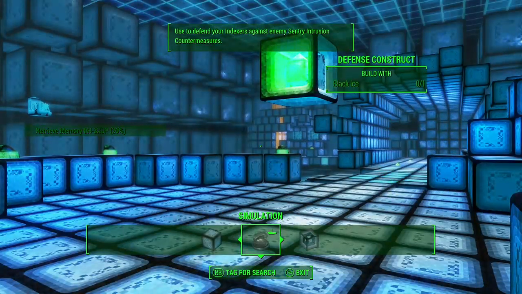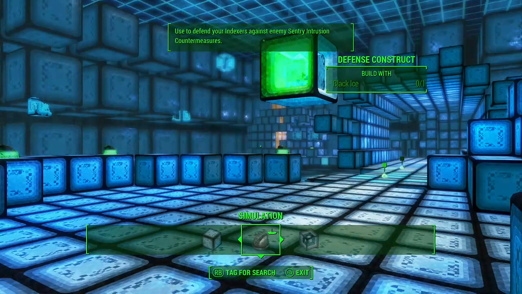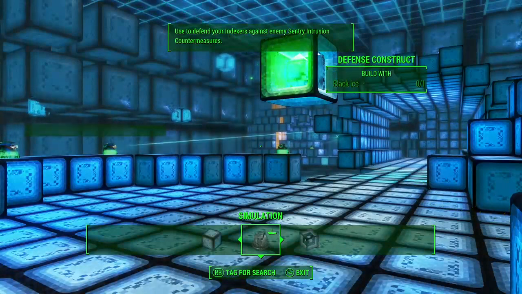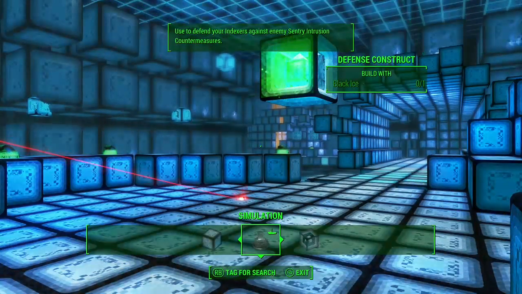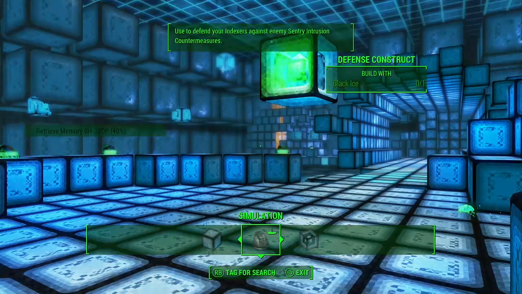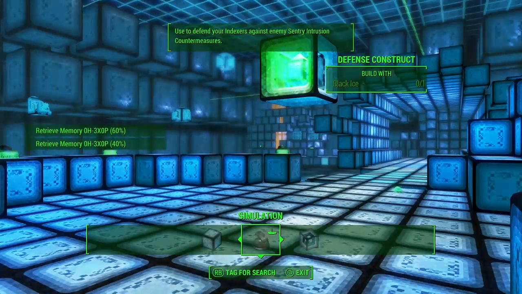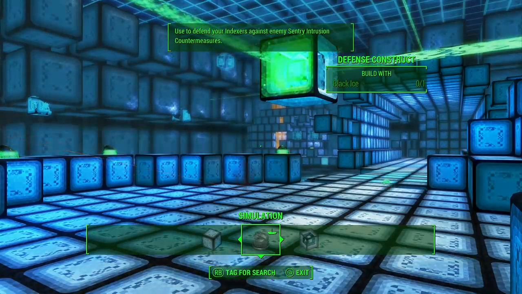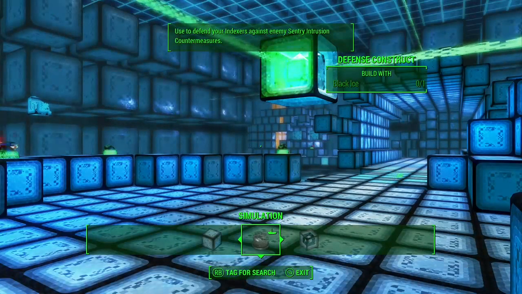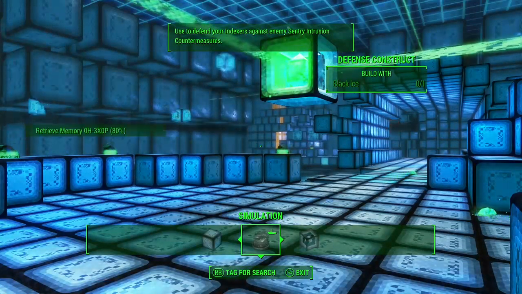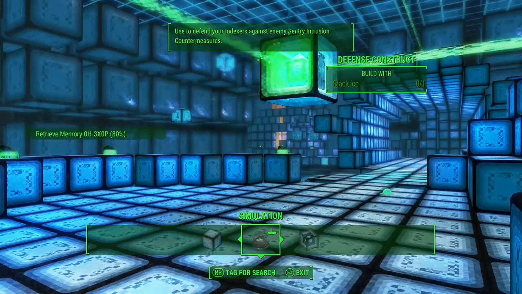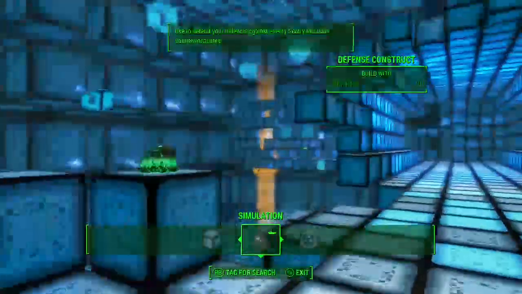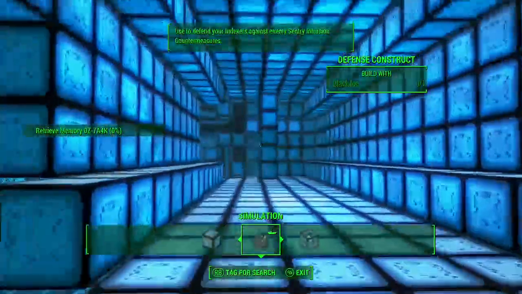Just keep doing what you're doing. Another data block retrieved. One more to go. Complete memory retrieved. The data stream is now available to access the next memory.